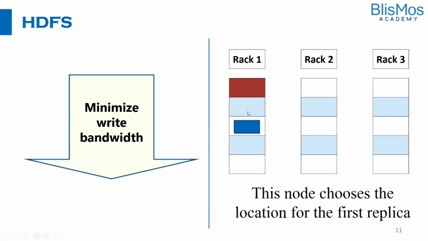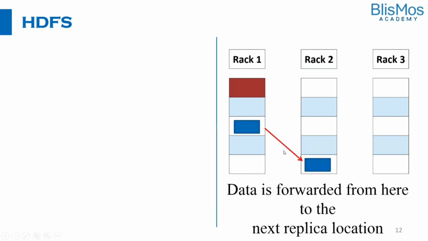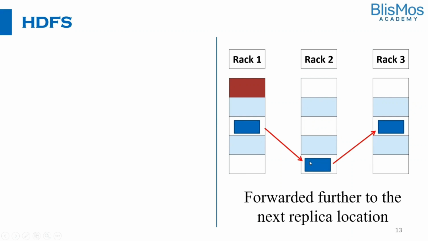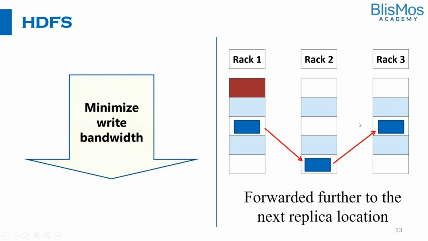This node chooses the location for the first replica. Next, the data is forwarded from here to the next replica location. Then this data is forwarded further to the next replica location. This is how the storage of the replicas happens. First, the replica is chosen here in a random manner, and then it will be forwarded to the next rack, and then forwarded to the next rack.